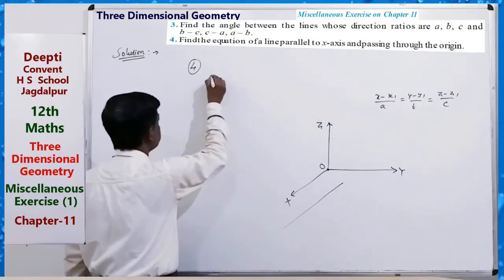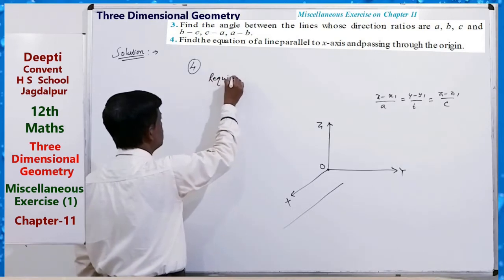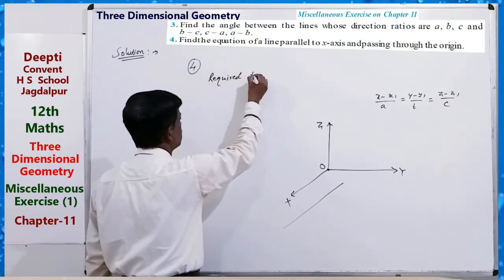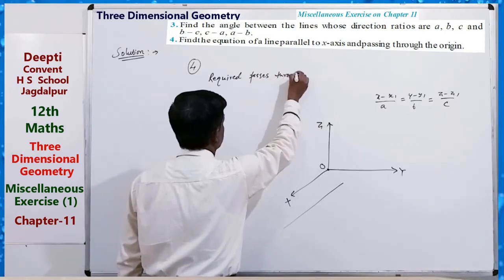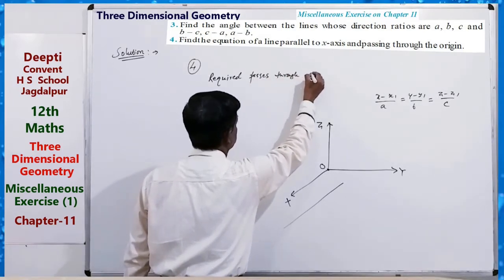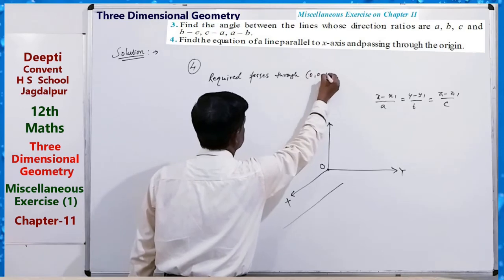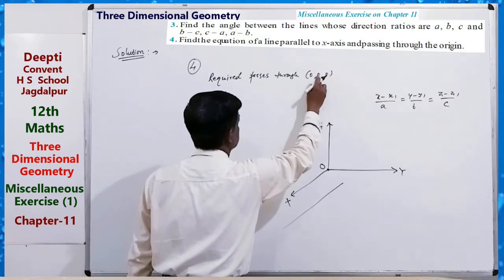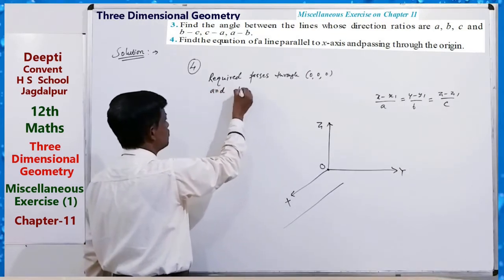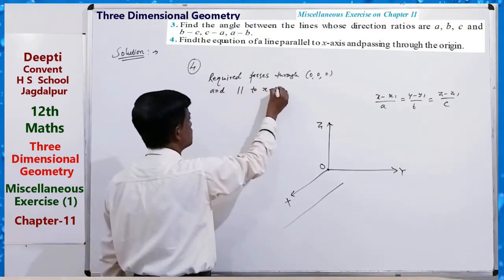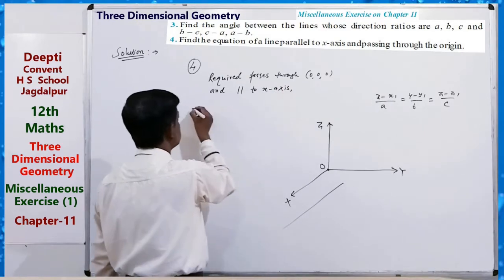So the required line passes through the origin and is parallel to the x-axis.